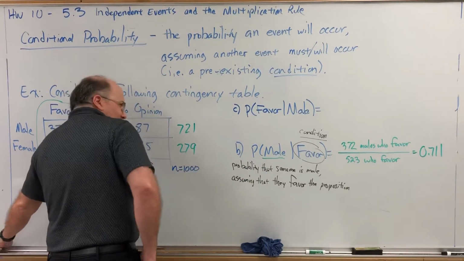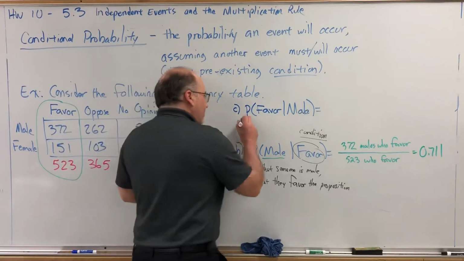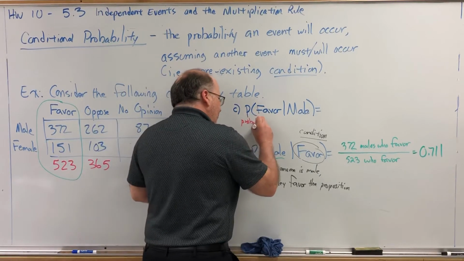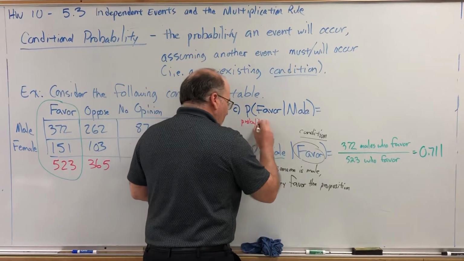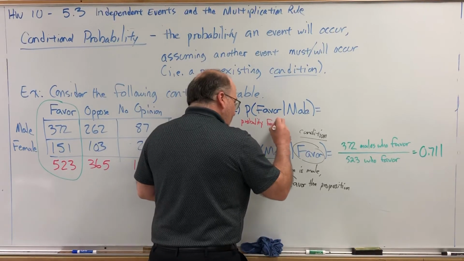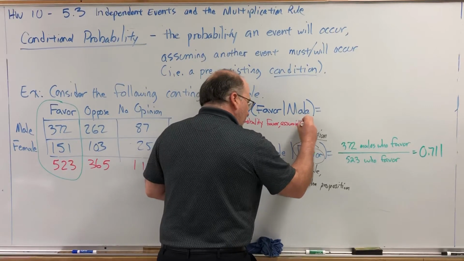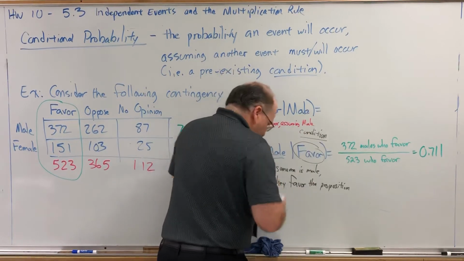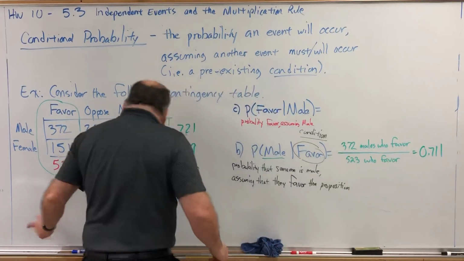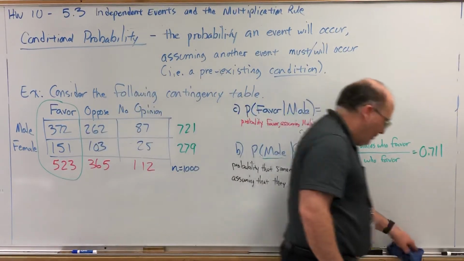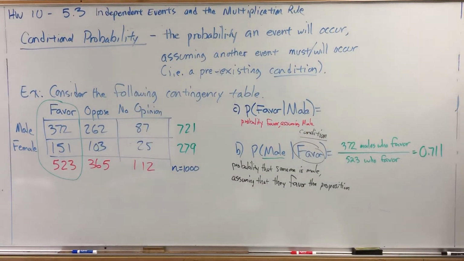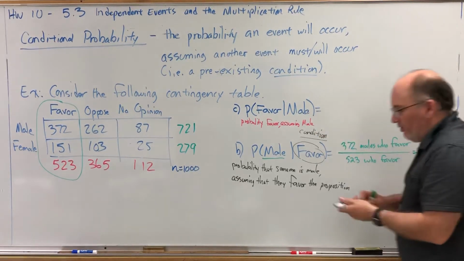In this case, this would be the probability that they favor, assuming they are male. Almost as if we were going to go back to this contingency table and say, hey, let's look at the men only, because we're working under the condition that they're male.